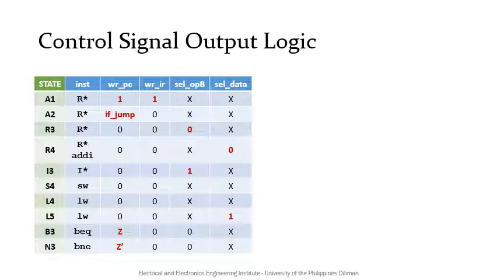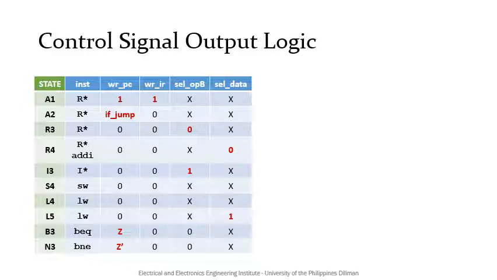Note that since we are using one-hot encoding with 10 states, we have 10 state variables, and writing K-maps with 10 or more variables, including other signals, will be very large. Also, a lot of input permutations will never occur since there must be only one 1 in a one-hot encoding FSM. Thus, we just proceed by simple inspection of the control signal table.